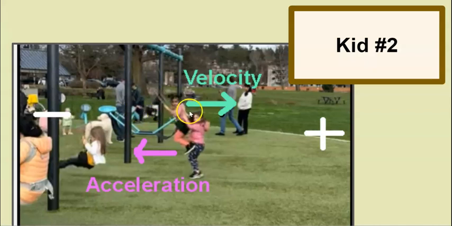So swinger number two was headed to the right, which was positive, and the little friendly person was pushing to the left, and so the swinger actually slowed down. So that might make sense, right? Oh, I'm moving, my acceleration is negative and I'm slowing down.